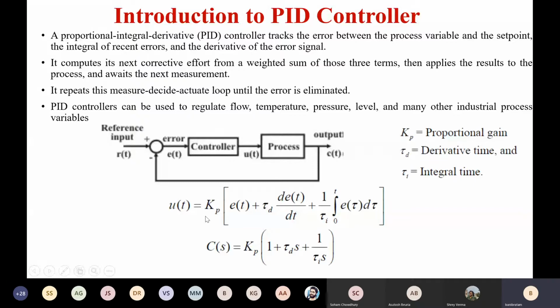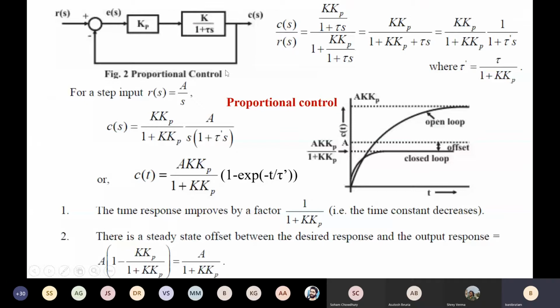So based on that, we have written this equation, which is the output input relationship for the controller, specifically this PID controller, whose input is the error and output is the u(t) here.